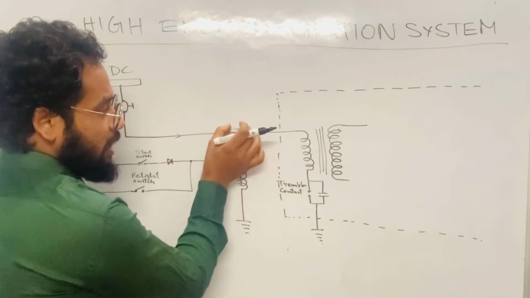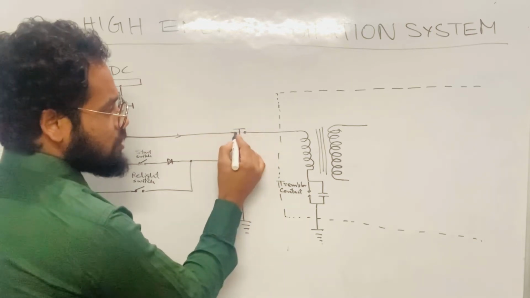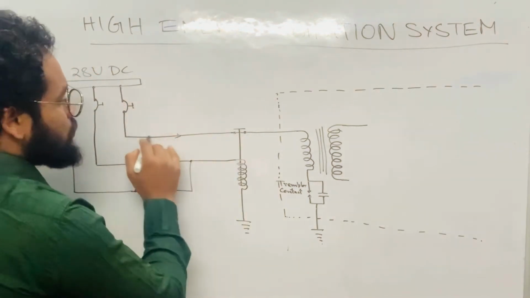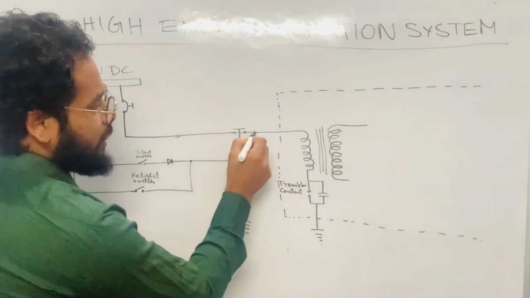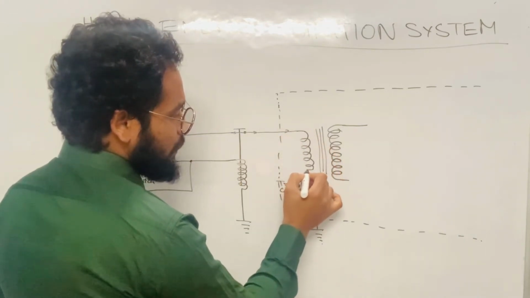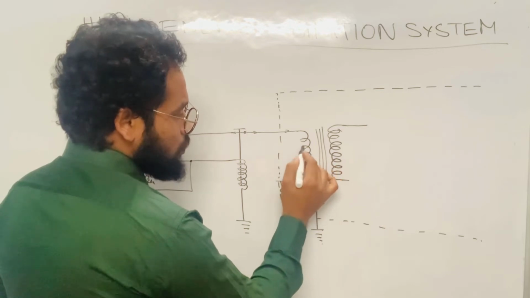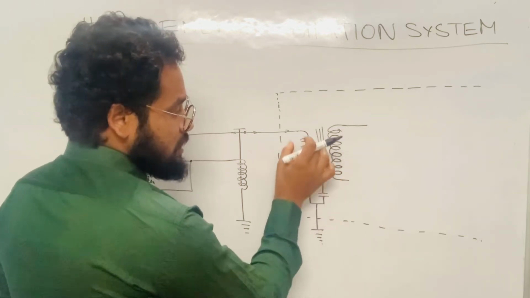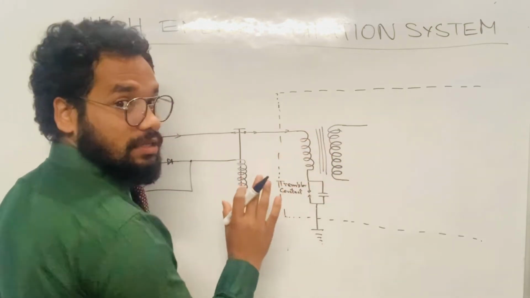That magnetic field attracts this contact here, and this switch is closed. When this switch is closed, the current which was waiting at this point will move ahead like this, and that DC current will flow in this induction coil, causing a magnetic field to be produced in it. And since it is a DC current, the magnetic field is stationary, right?